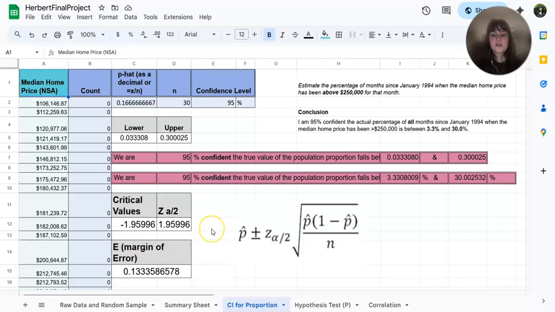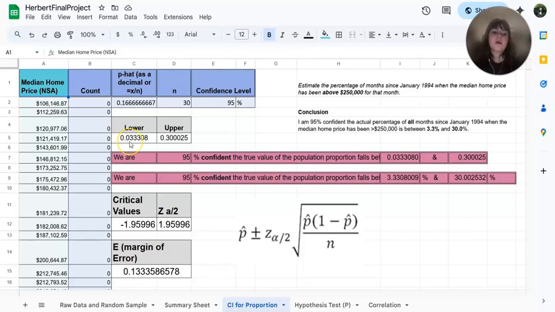On this next sheet, still using the median home prices dataset, I did a confidence interval about a proportion, and I wanted to estimate the percentage of months since January 1994 when the median home price had been above 250,000. So I started by getting my count to determine the proportion in the sample above 250,000, and I calculated a test statistic of 1.95996.